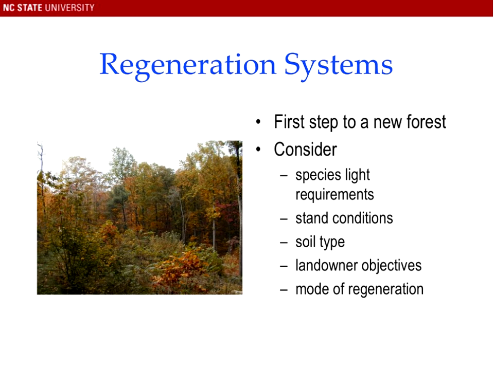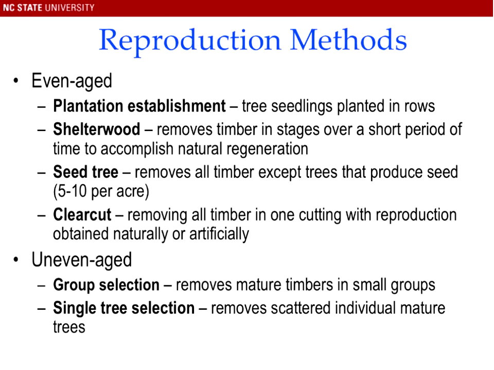We talked earlier about sun lovers versus shade lovers versus those that are intermediate in their requirements, the conditions of the stand, the soil types, which we've already seen can be very important and can actually dictate the species that can be economically viable, and then the landowner objectives always, and the mode of regeneration. So let's talk about some modes of regeneration.